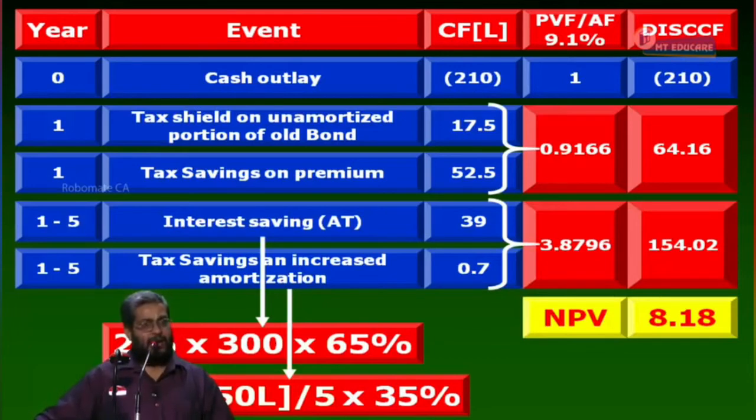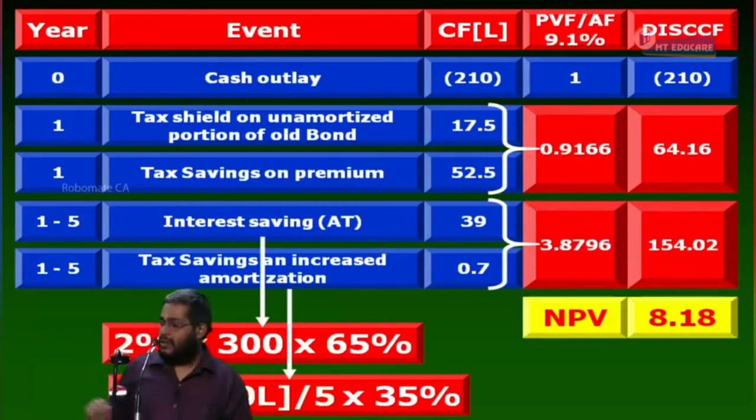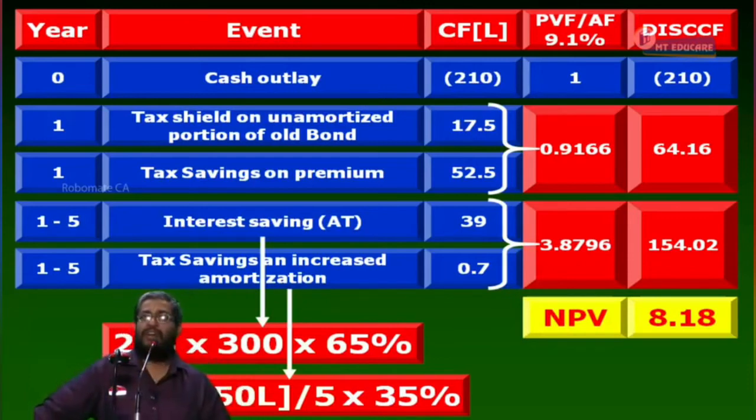Okay, can I start or not? In particulars: tax savings on unamortized portion of old bond.